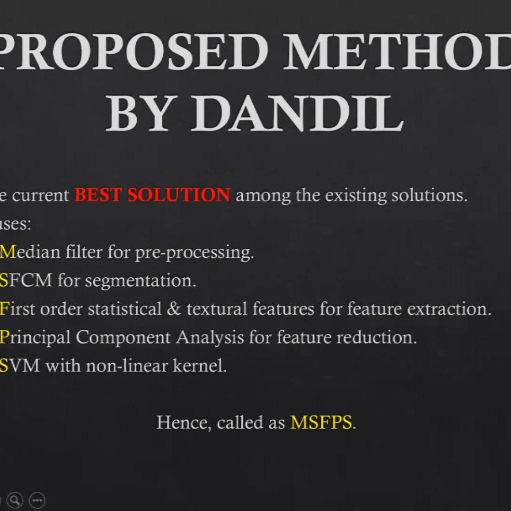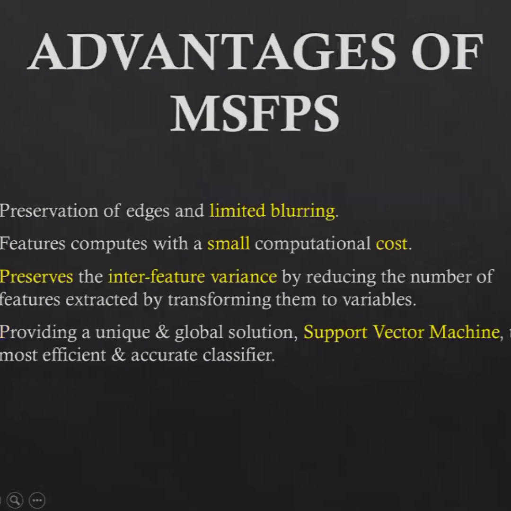The median filter used in denoising images provides the advantage of preservation of edges and limited blurring. Likewise, first order statistical features and gray level co-occurrence matrix textural features are known to have defined features that can be computed with small computational cost.